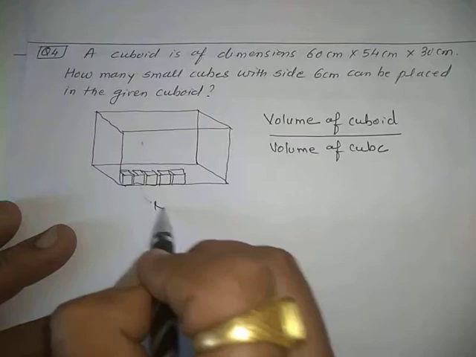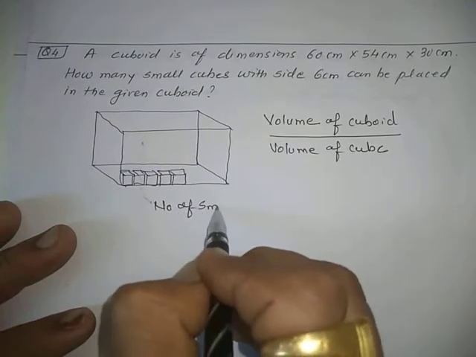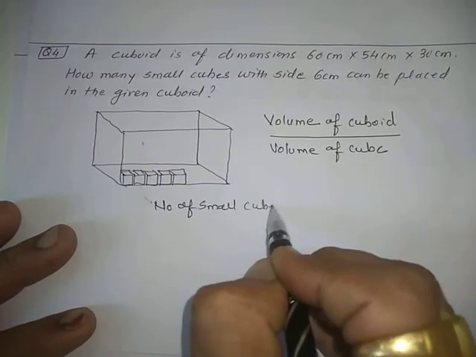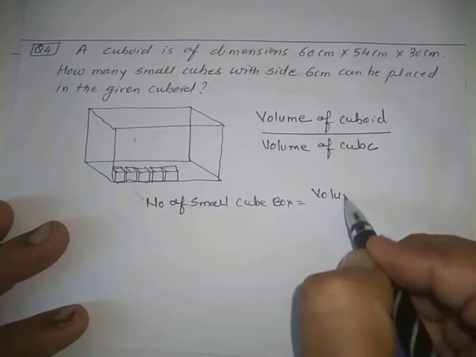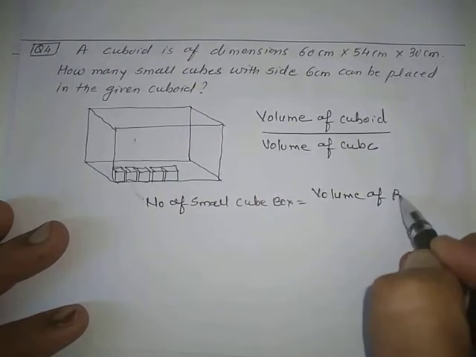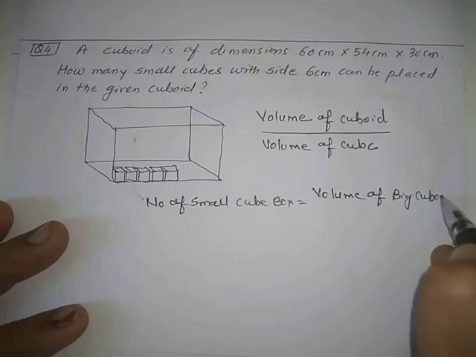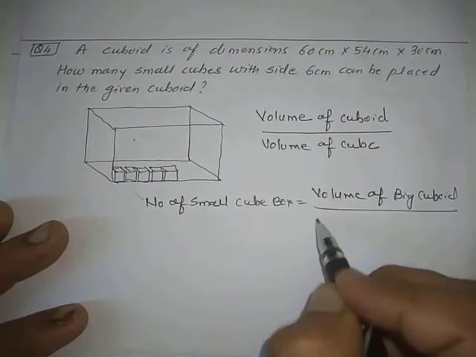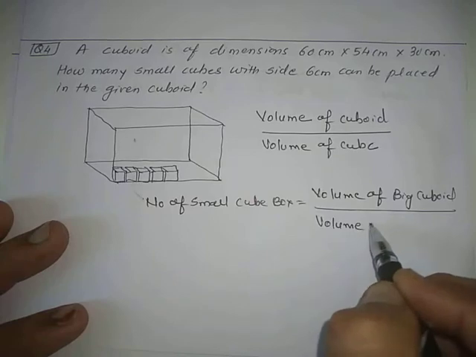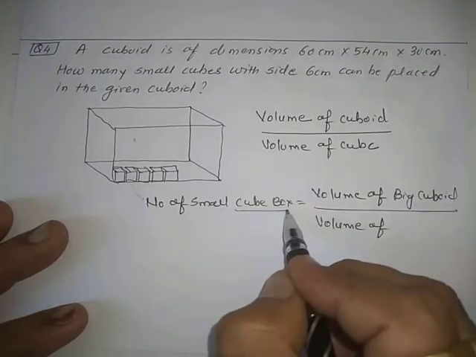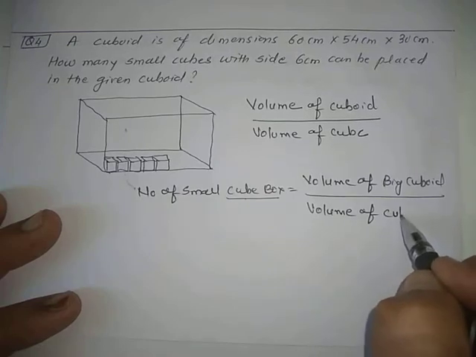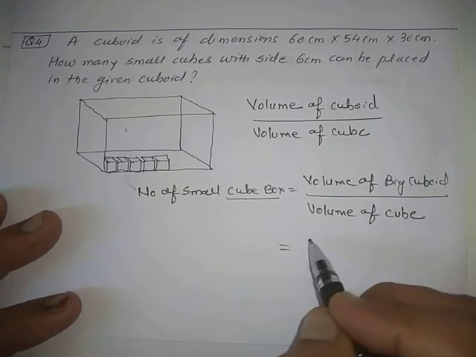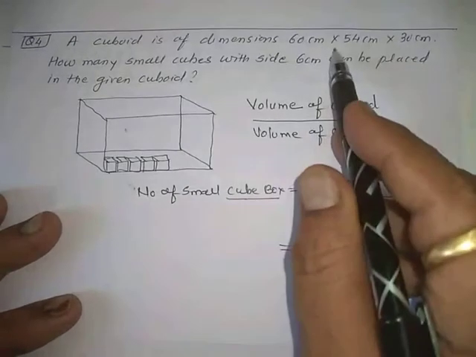Okay, so number of small cube boxes is equal to volume of big cuboid divided by volume of cube, whatever we want to find will be in the denominator. Now we will write, both are given in centimeter.